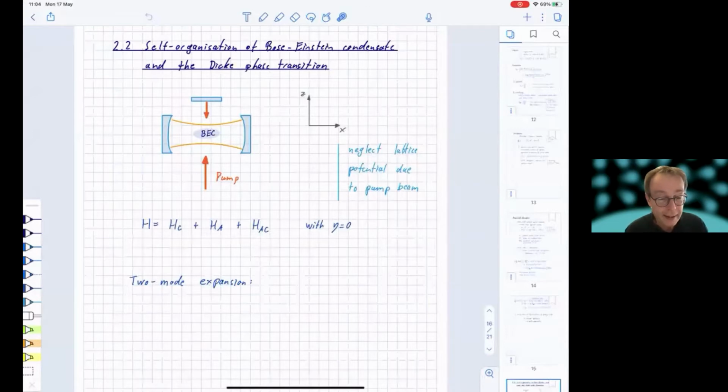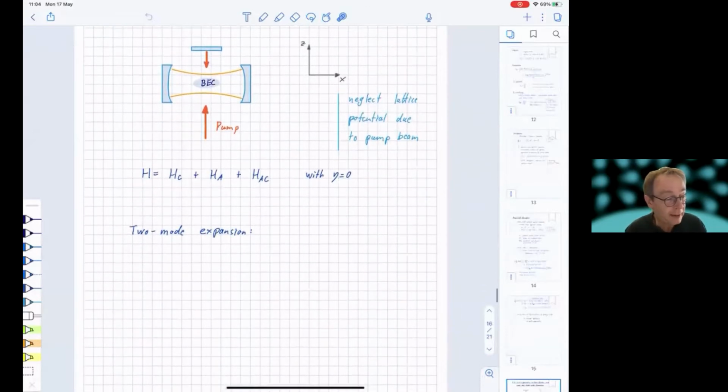Okay, and a key point is the two-mode expansion. The nice thing about the Bose-Einstein condensate is that it is a well-defined momentum state. It's actually a momentum 0 state, and with the light field, it is coupled to a well-defined higher momentum state, actually one specific one, and that gives you a two-level system encoded in the external degree of freedom.